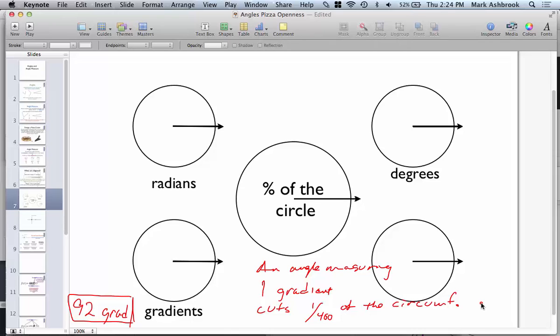It is 400, right? 1/400, yes. So an angle measuring one gradient cuts off 1/400th of the circumference.